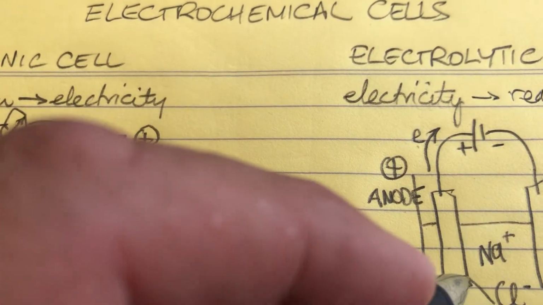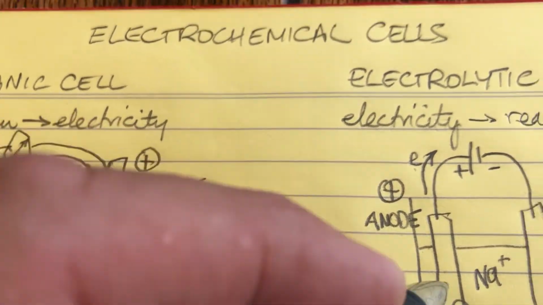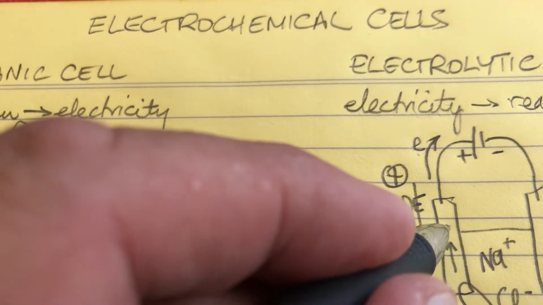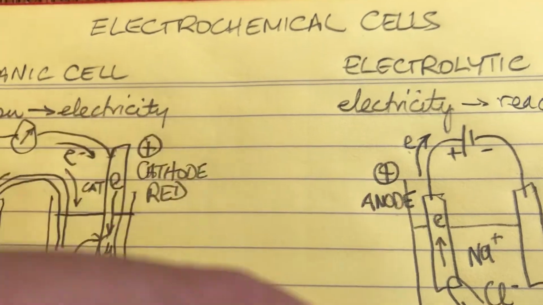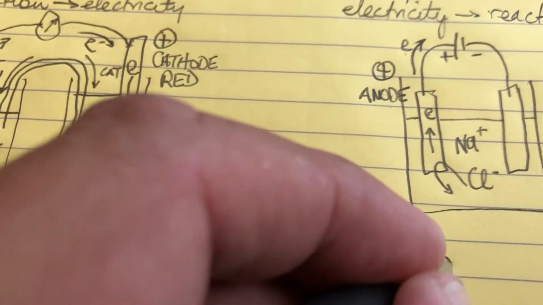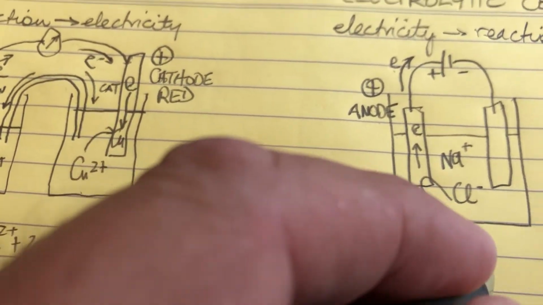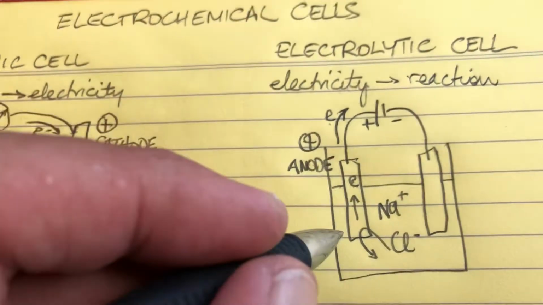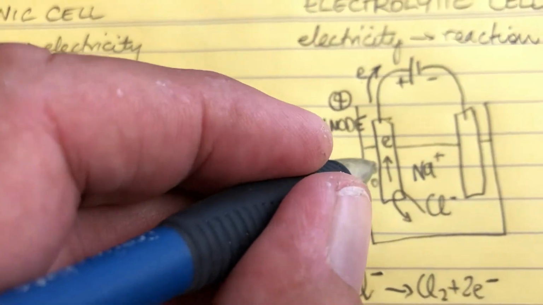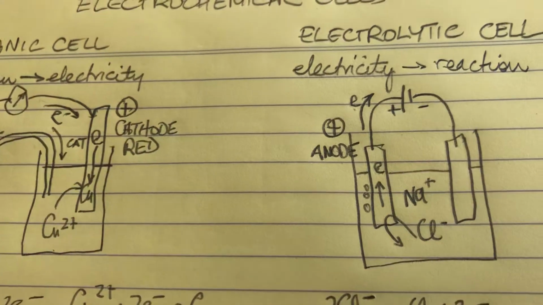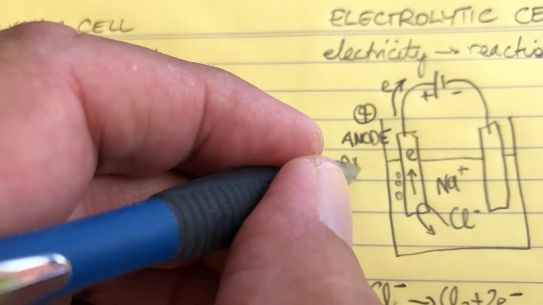It attracts the anions, the chloride ions, which lose electrons to the anode. So that's oxidation again. The reaction is 2Cl minus goes to Cl2 plus 2 electrons, and chlorine bubbles off the anode. So it's still oxidation at the anode.